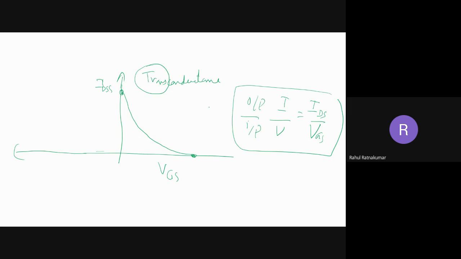This is called GM, transconductance. Although you don't need to go deeper into what GM is, this will come in the coming semesters, as we have not covered basic electronics. So this is important. I think maybe we can do a problem.